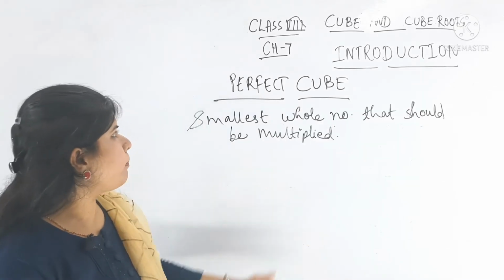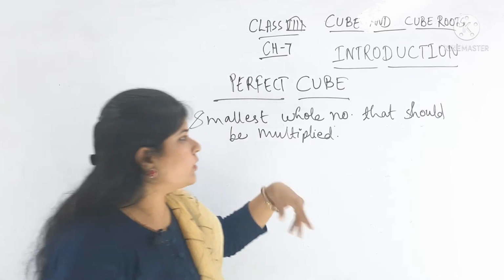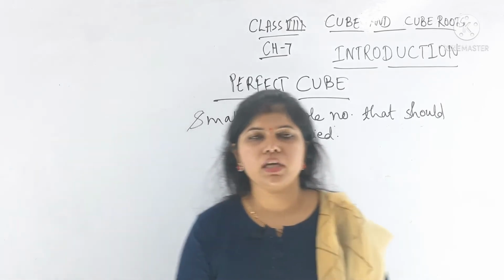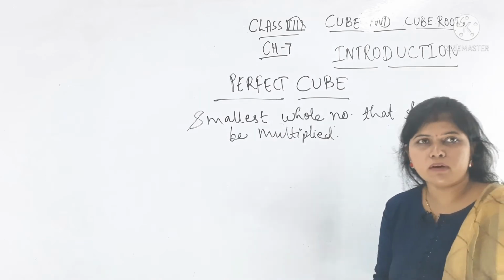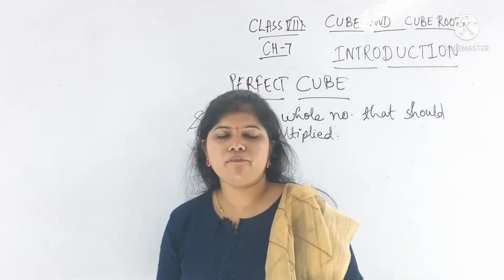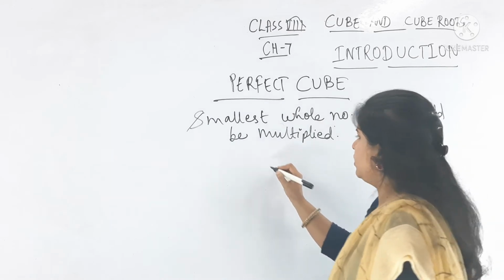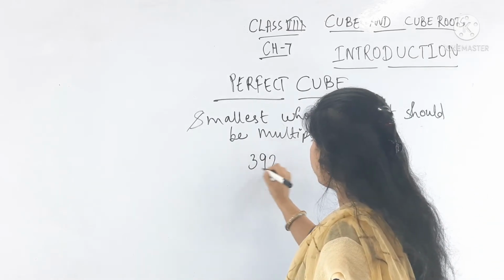Okay students, next topic is the perfect cube. If it is not a perfect cube, so what we have to do, the smallest whole number that should be multiplied. So we will see one example for this. We will see for 392.